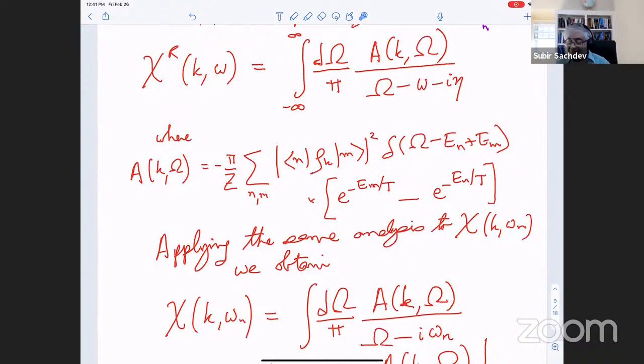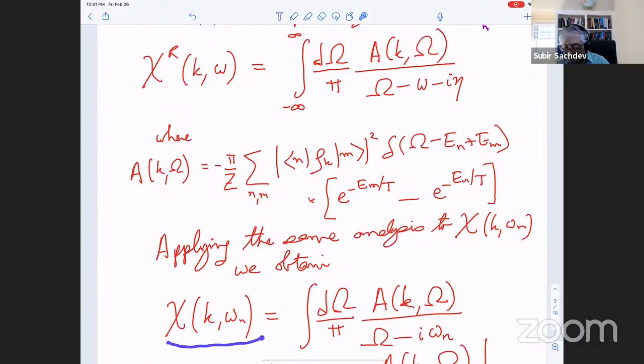So what typically happens is that an experimentalist would do some scattering experiment or something, and will measure A of k and omega. And a theorist will go and do some Monte Carlo simulation on some big computer, and the Monte Carlo summation is much easier to do, in fact, only really possible in imaginary time. And so the theorist will compute this object.